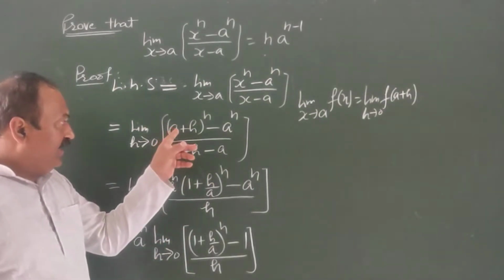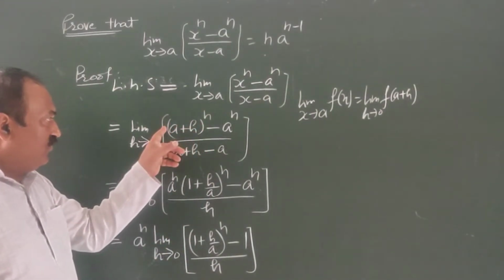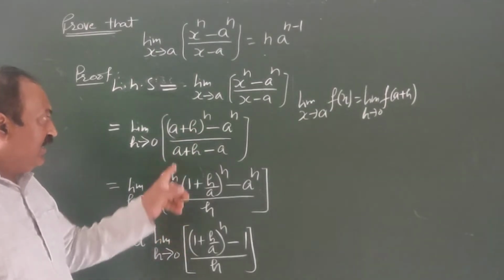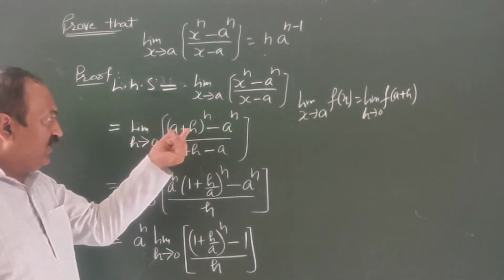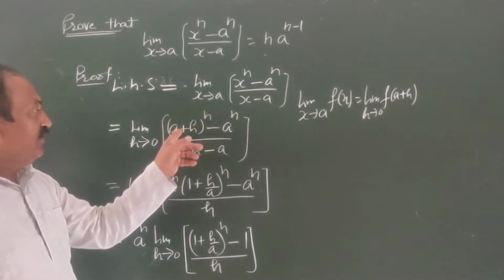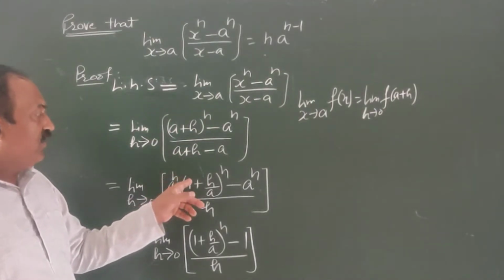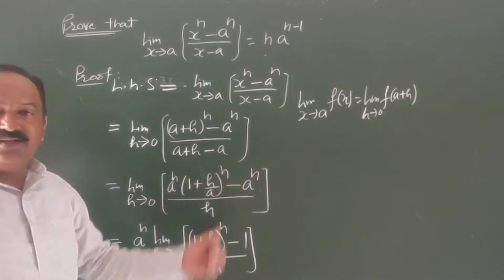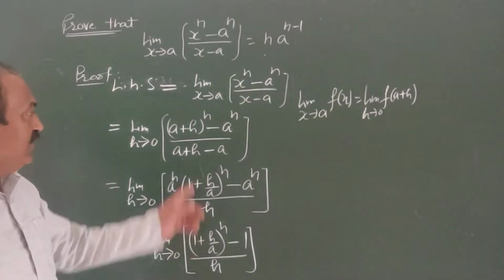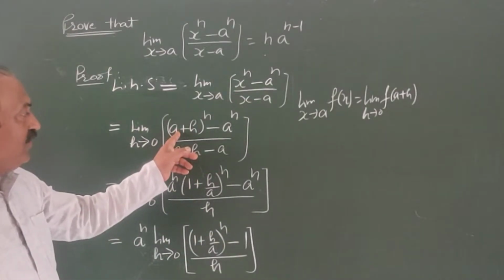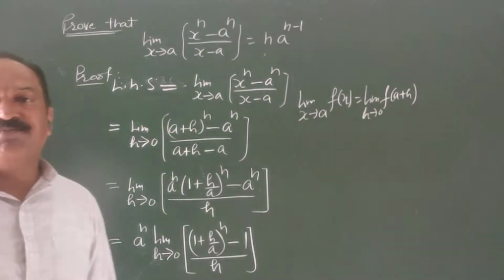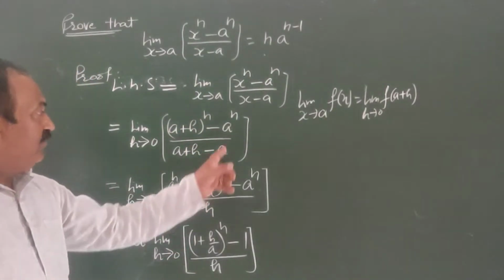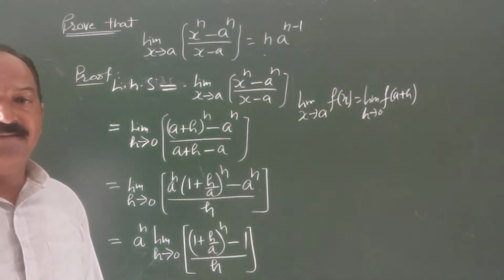Taking a raised to power n common from here, we get a raised to power n. We take a common from here, and the power n of a gets separated, and 1 plus h upon a raised to power n gets separated, taking a common from here and taking separate power, we get this minus a raised to power n.